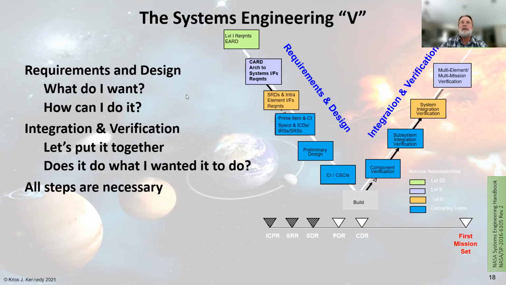So requirements and design: really, requirements are what do I want and how can I do it? And then you get into integration and verification. Let's put it together. Does it all do what I wanted it to do? And these are all the steps, and here are your different reviews across the bottom.